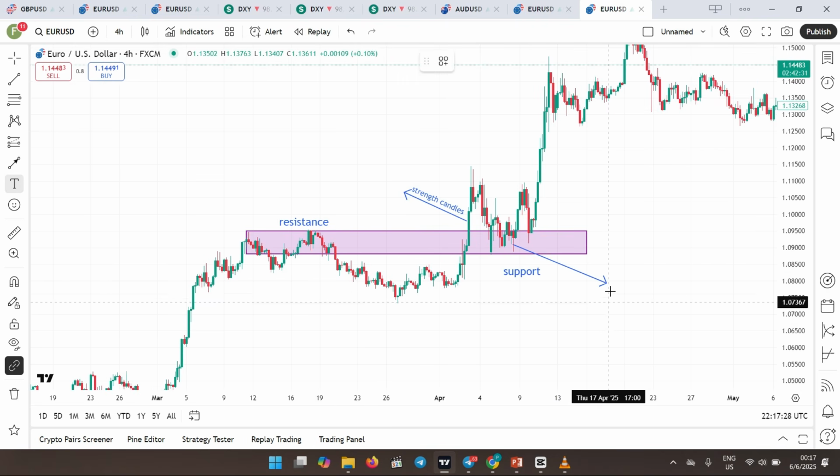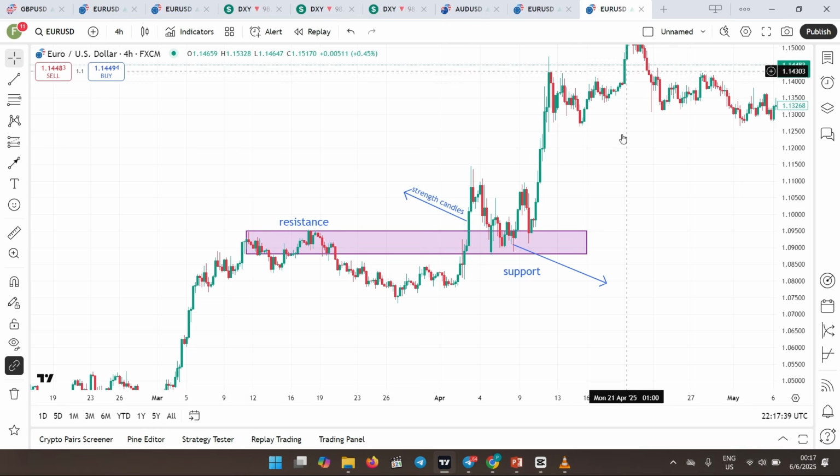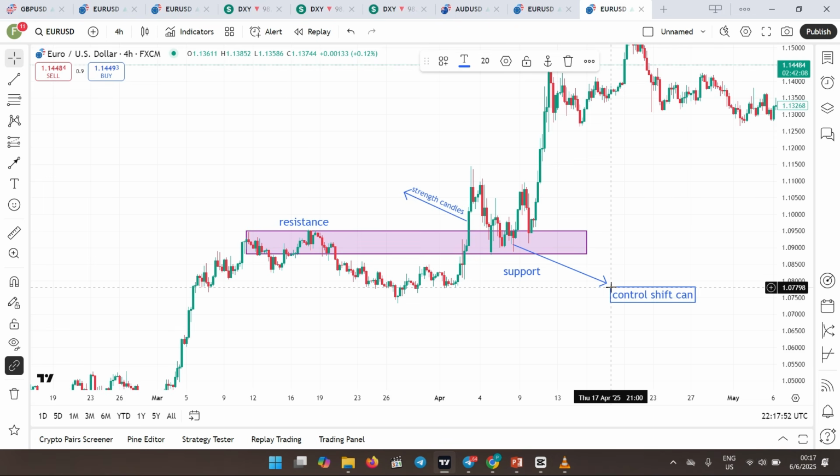I hope you guys can see it, because market conditions don't give you what you want. Okay, what did I do? Control shift candles, right?